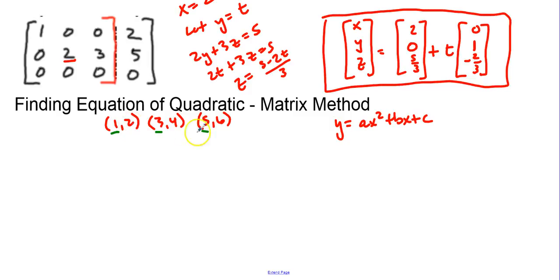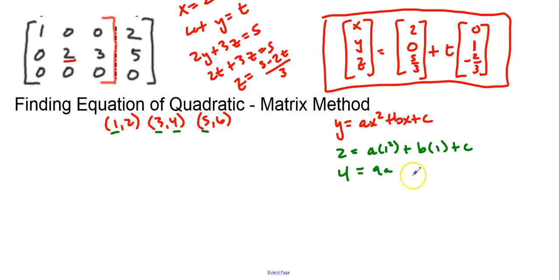I know that the first part of my system, 2 is going to be equal to a times 1 squared, which is just a. Maybe I'll write this out for you guys. Plus b times 1 plus c. So this would just be 2 is equal to a plus b plus c. Next one is 4 is going to be equal to 9a.